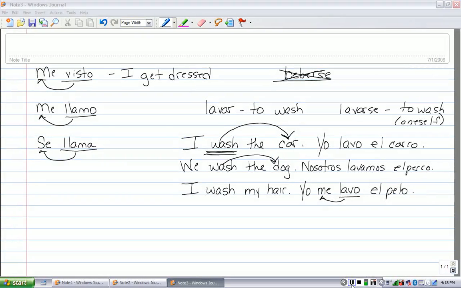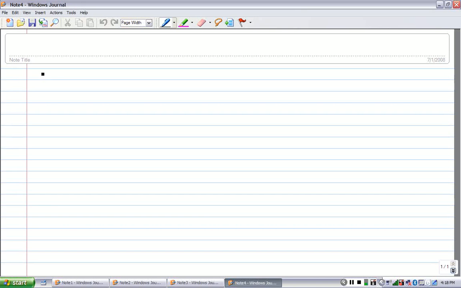Alright, let's look at another example. We'll use the verb llamarse. The verb llamar means to call. The verb llamarse means to call oneself, or we also say in English, to be named.